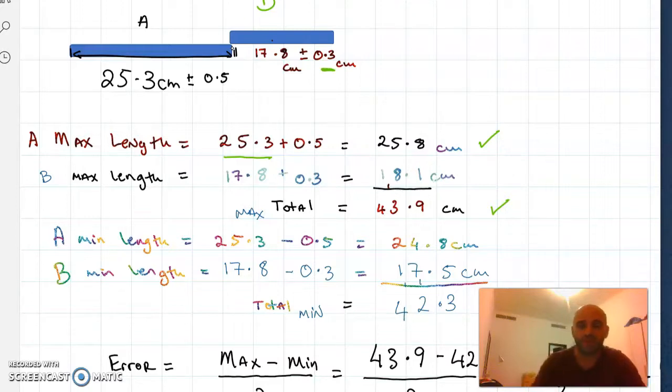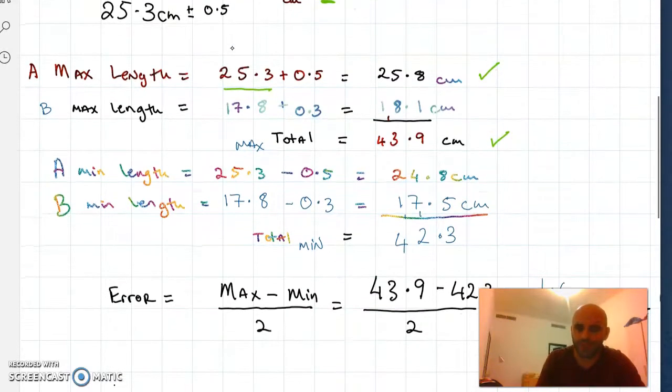Again, if we do the same thing for the minimum, and you subtract the error from the average this time, then you wind up with 24.8, same as the last one. And this one for B is 17.8, take away 0.3 centimeters, which is 17.5 centimeters. So the minimum value that it could be is 42.3 centimeters, okay?